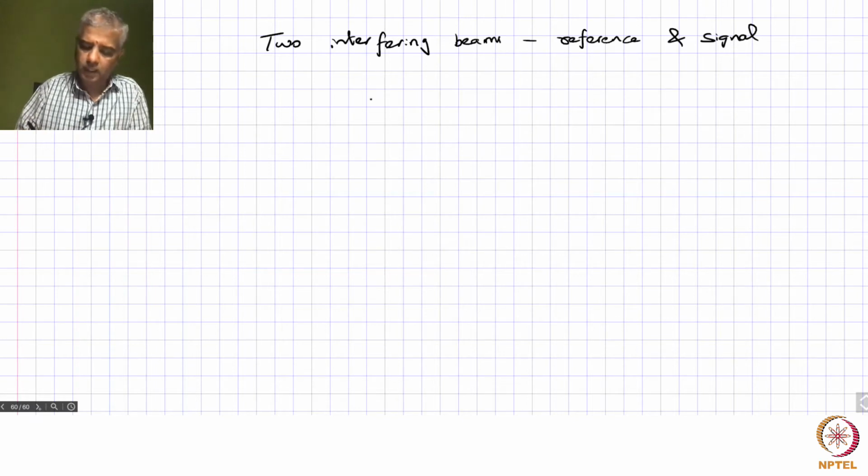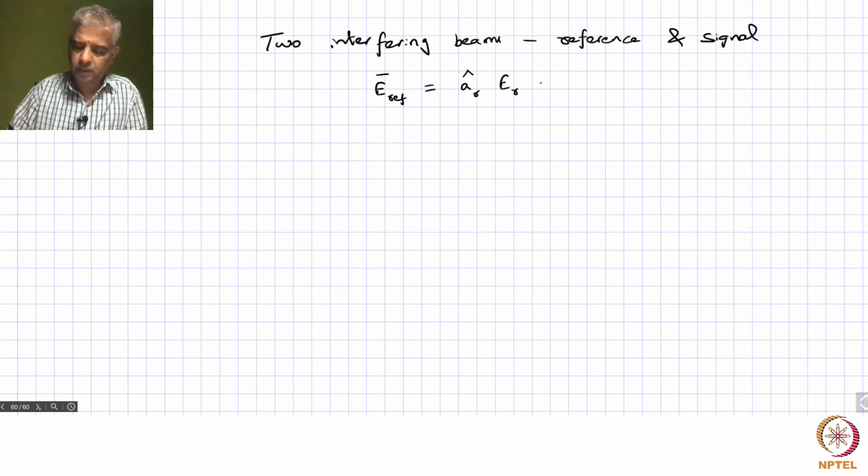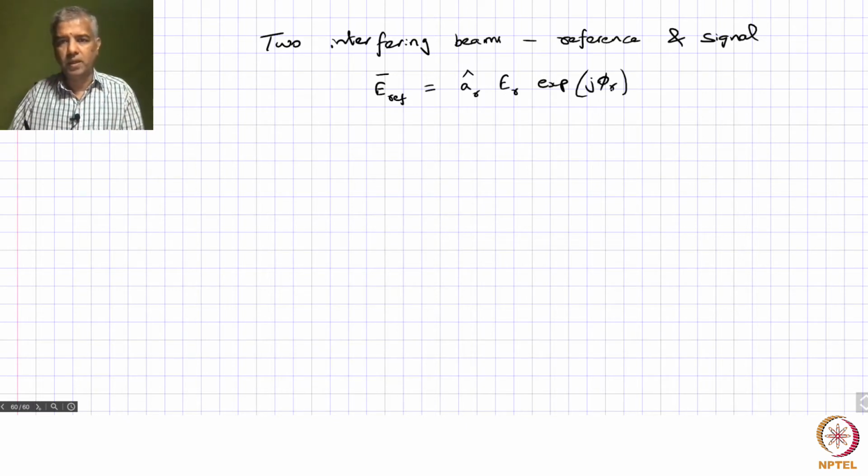We could represent these in terms of their electric field vectors, where the reference electric field corresponds to some vector, let's call that A_R, characterized by some polarization A_R, and then E_R is the amplitude of the field, and we have the exponential of j phi_R that corresponds to the phase of the reference beam.